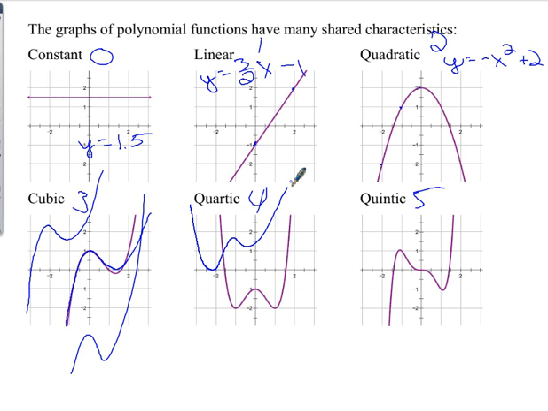Okay, so do you see the pattern here? For odd degree functions, what is true? You can't have 0. That's right. For odd degree functions, it looks like a snake. For even degree functions, it could be a W, an M, an N, whatever.